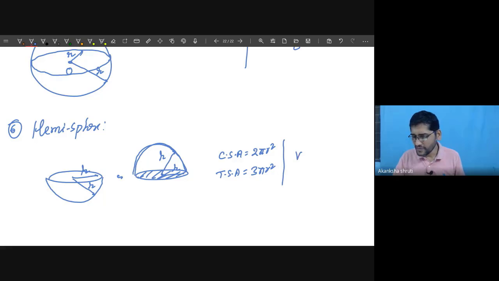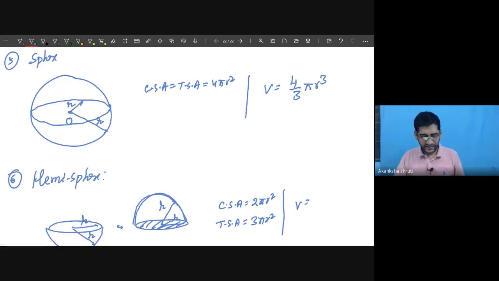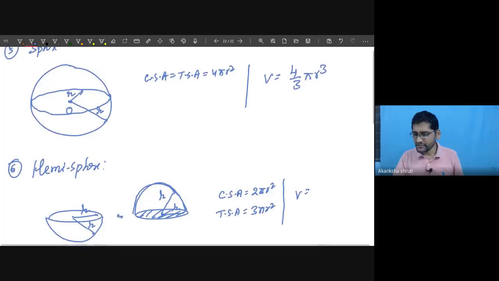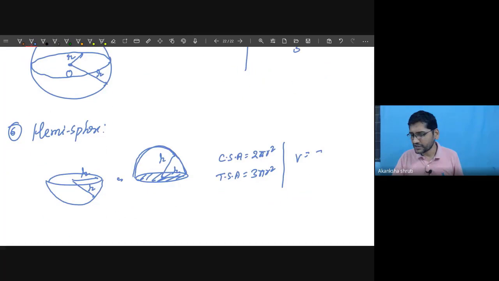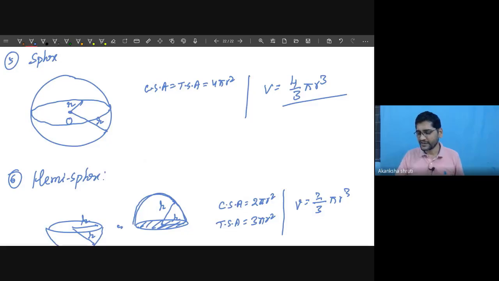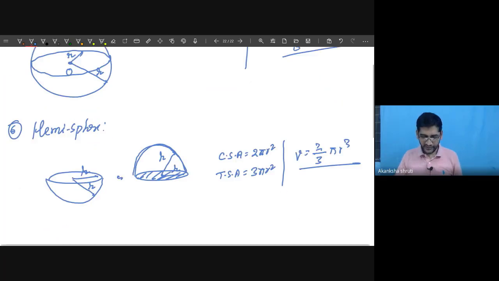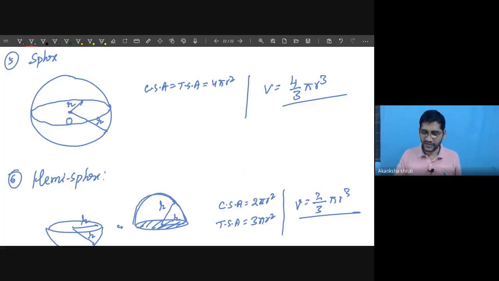And the volume is half of the entire sphere, 1/2 into 4/3 pi R cube, which turns into 2/3 pi R cube. Here, the same pi R cube, but rather than 4/3 it will be 2/3. So this was all about our sphere.